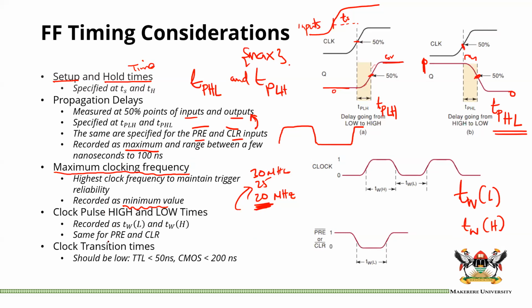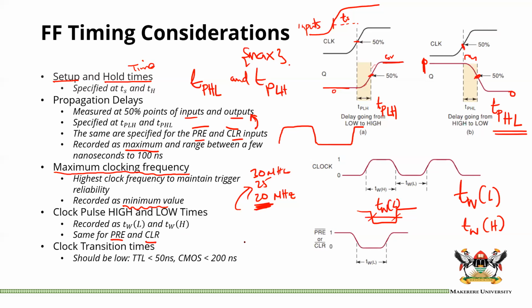And then for the preset and the clear, you can also have the same. In this case, they are active low, so we only consider the low state. So how long should it be in the low state? Okay, and you're measuring through the 50% points, and that is TW low in this case.